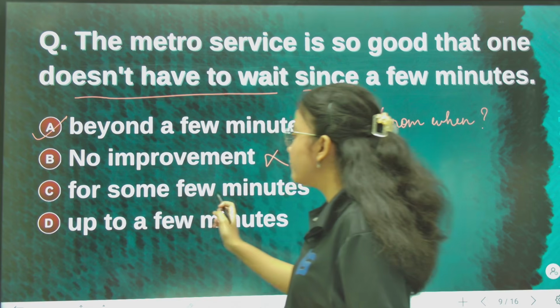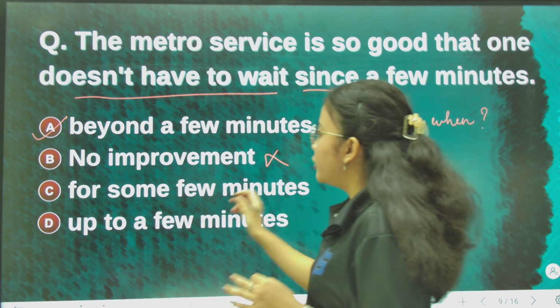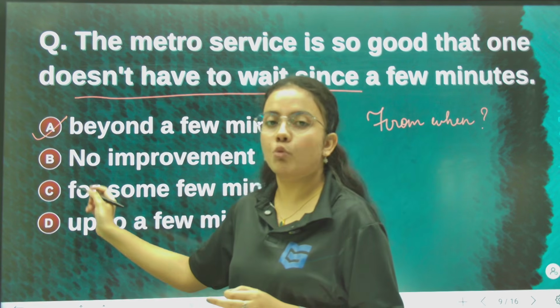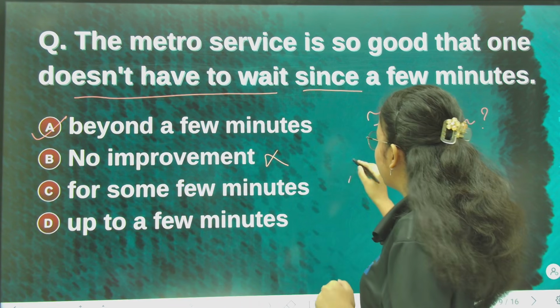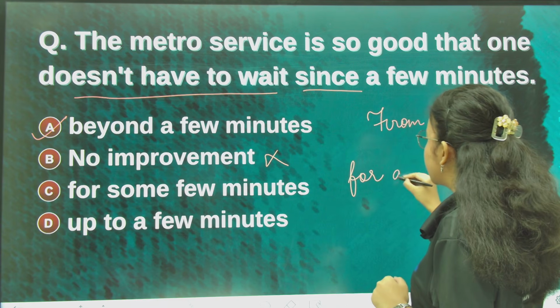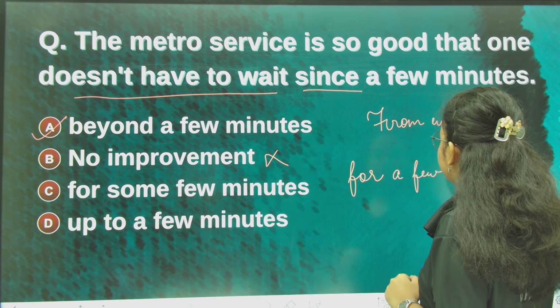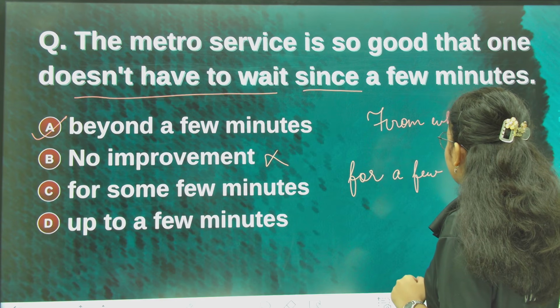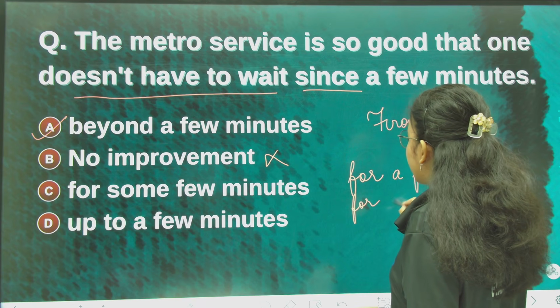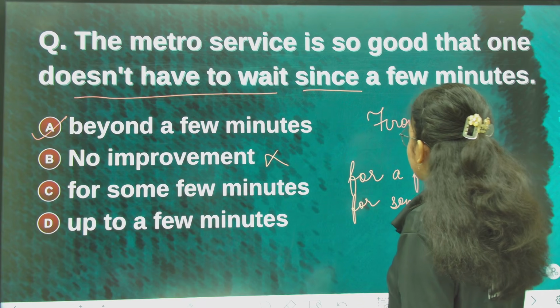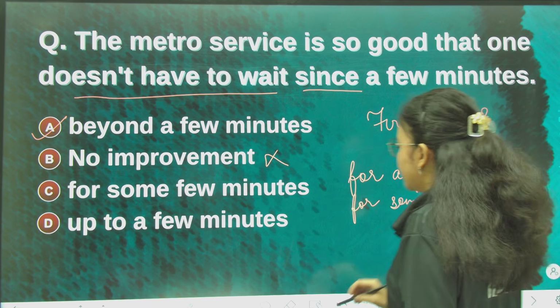In for some few minutes, with few minutes we use for. You need to wait for a few minutes, but in grammar it is usually for a few minutes, or wait for some minutes. After some we don't write few again.